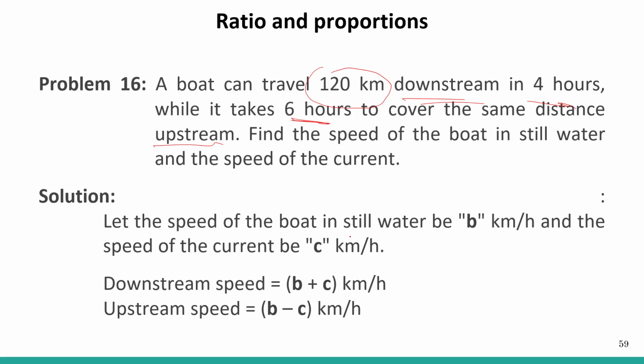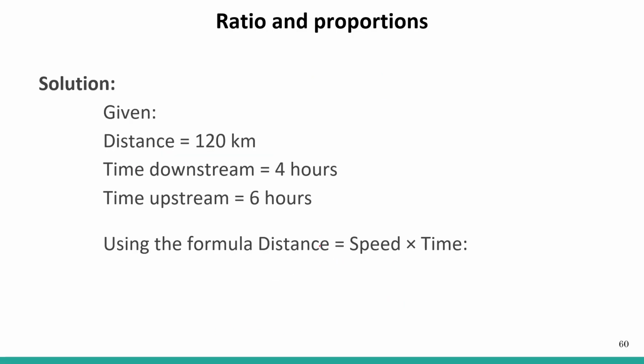Let the speed of the boat in still water be b kilometers per hour and the speed of the current be c kilometers per hour. So downstream speed is equal to b plus c kilometers per hour and upstream speed is equal to b minus c kilometers per hour. Given distance is equal to 120 kilometers, time downstream is 4 hours and time upstream is 6 hours.